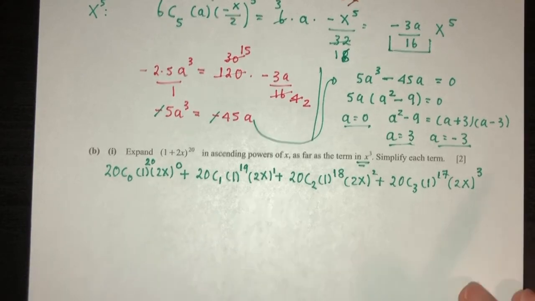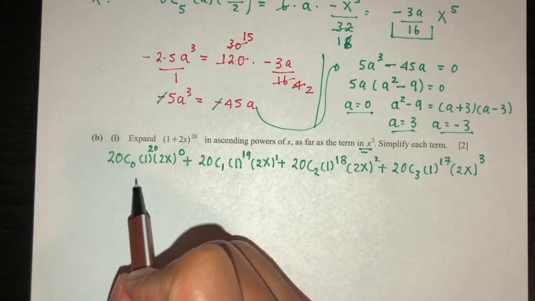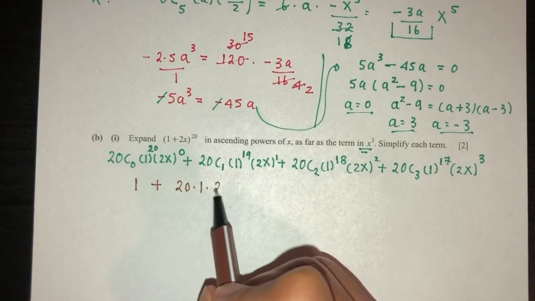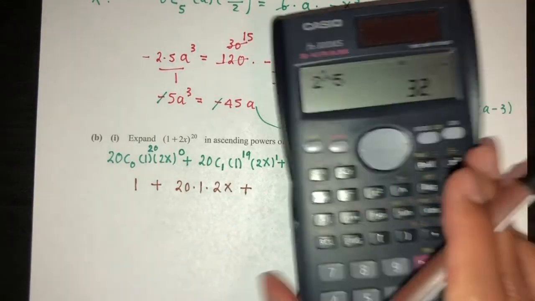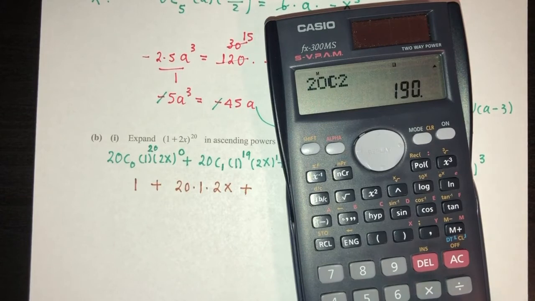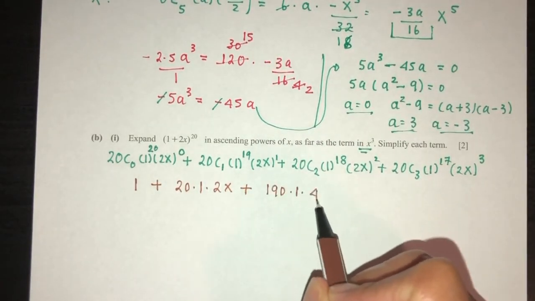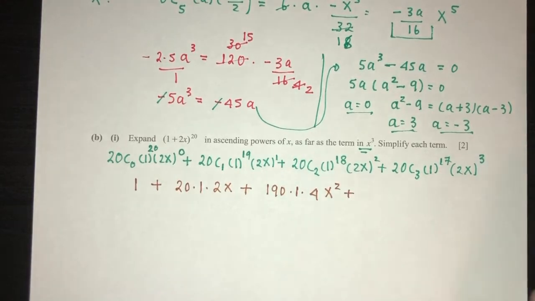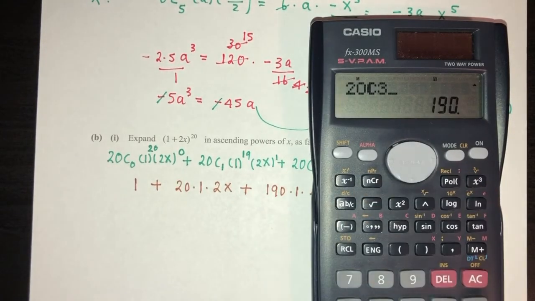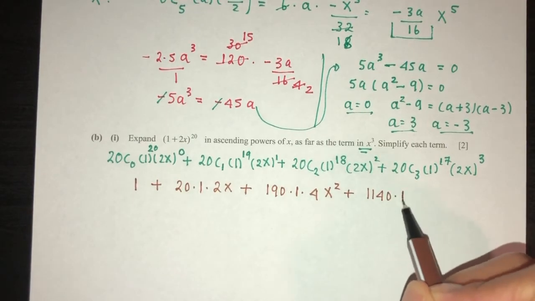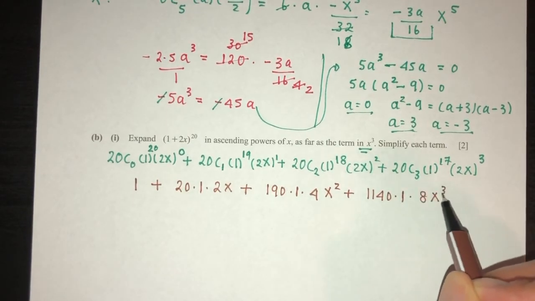Now we can simplify. You will have 1 here, plus 20, times 1 times 2x, plus, what is 20, choose 2, that will be 190. That will be 4x squared. And what is 20, choose 3? That will be 1140 times 1 times 8x cubed.